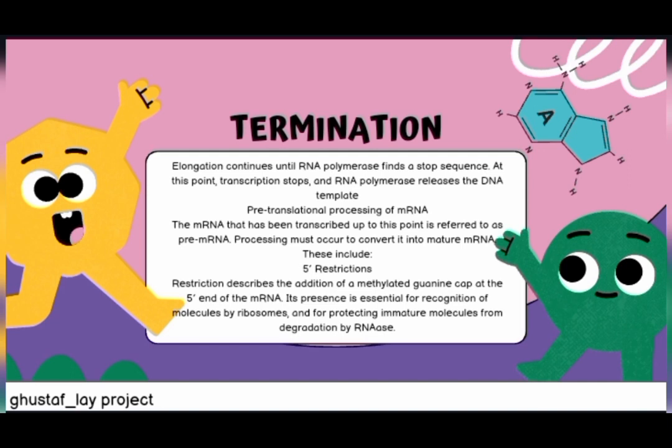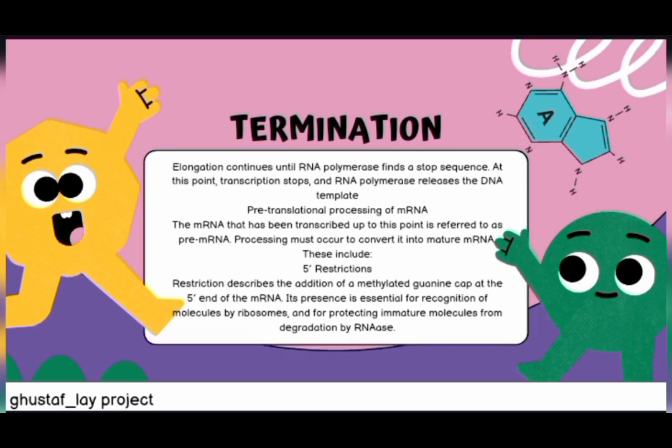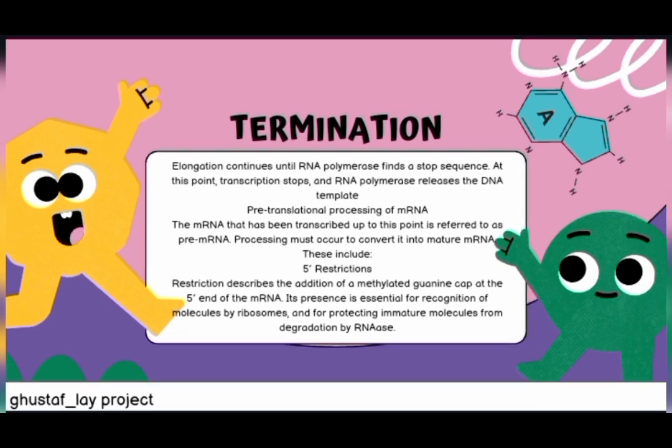This includes 5' capping. Capping describes the addition of a methylated guanine cap at the 5' end of the mRNA. It is essential for recognition of the molecule by the ribosome and for protecting immature molecules from degradation by RNase.